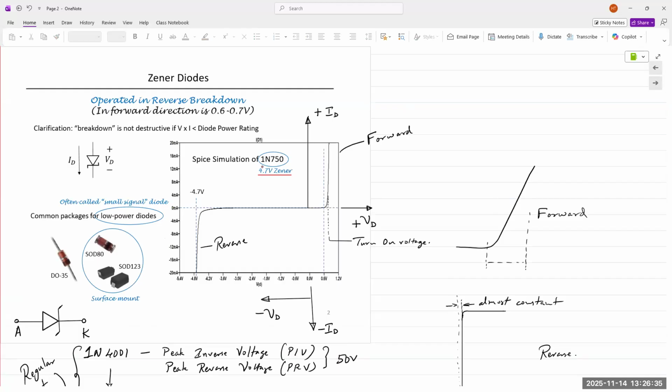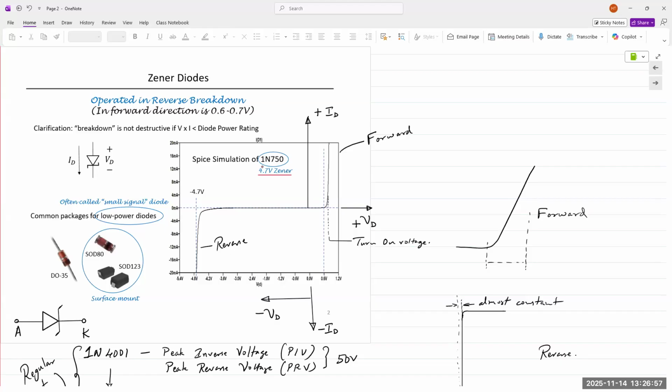Again, regular silicon diode, the lowest one, breaks down at 50 volts. Zener diodes are specifically formulated and manufactured to break down at specific voltages. And that is something we look at in 315, just a little bit of that process.